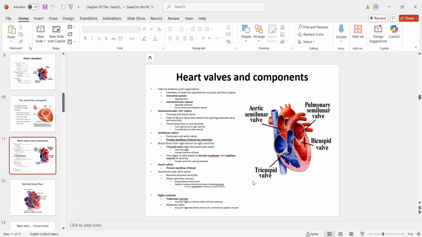And the moderator band is a muscular ridge that delivers the stimulus for contraction to the papillary muscles. As a result, they begin tensing the chordae tendineae before the rest of the ventricle contracts.